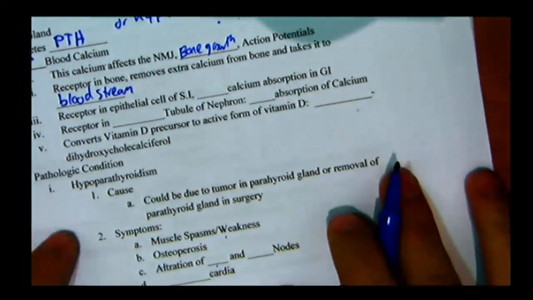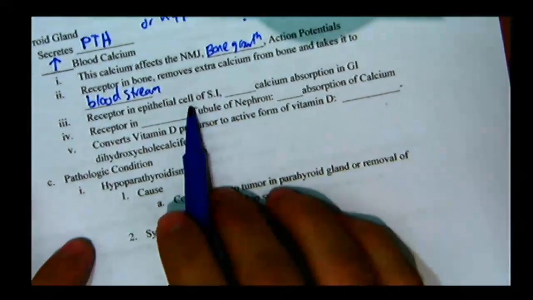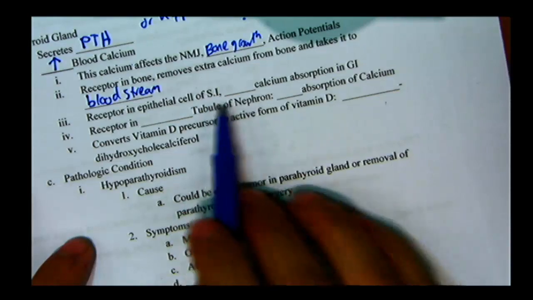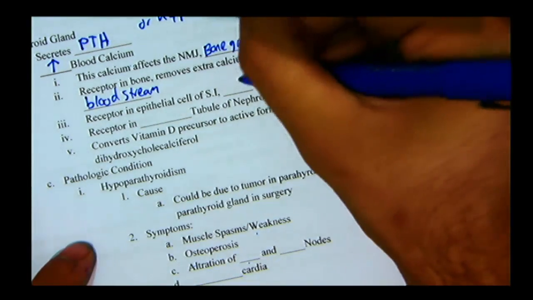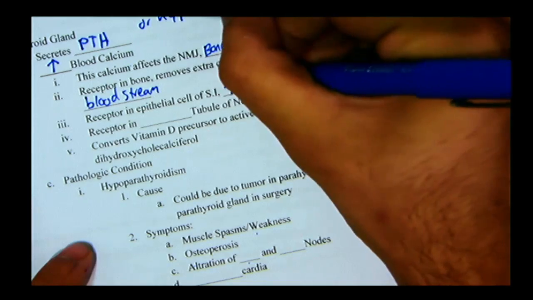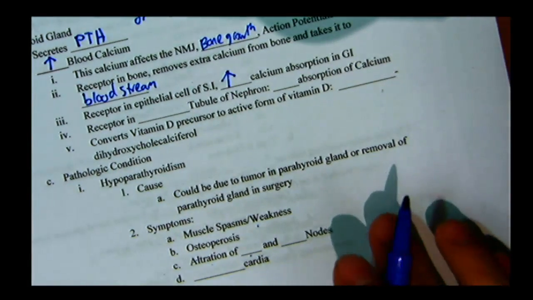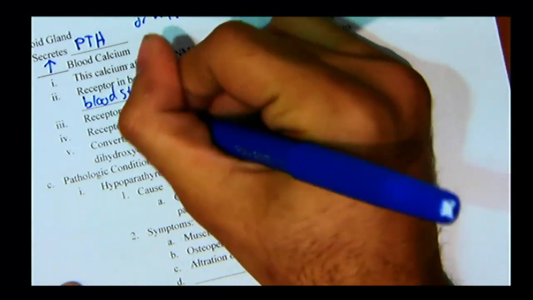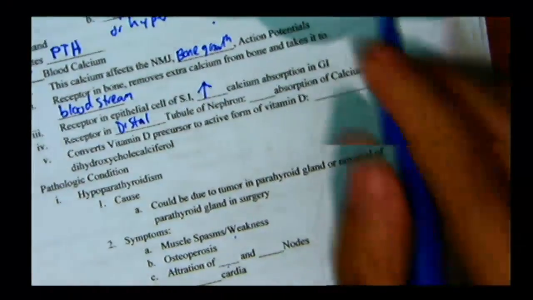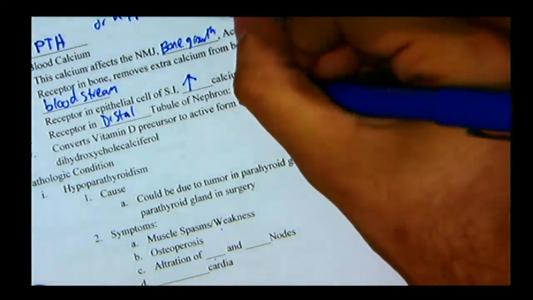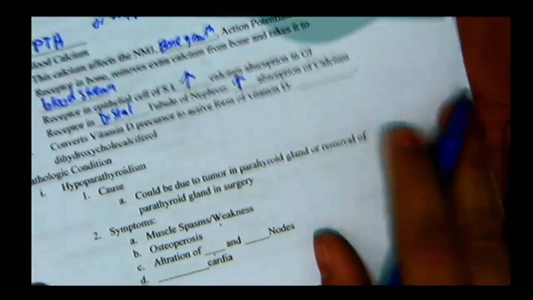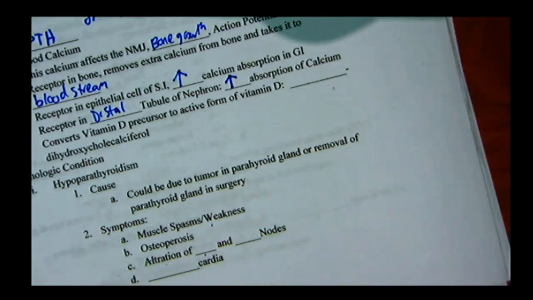PTH also converts vitamin D precursor to the active form of vitamin D. What is that called? 1,25 dihydroxycholecalciferol. Say that 5 times fast. Definitely know the name, or be able to recognize it. She could put like 135, 155.